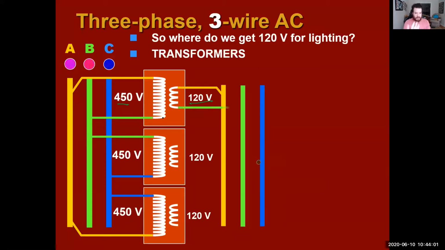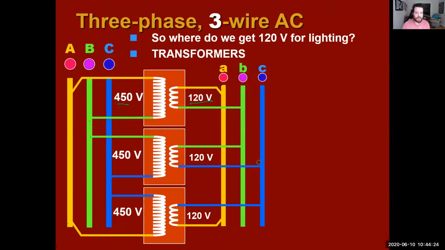All right, and what you could see here is we would use A and B for one lighting circuit. We're going to use B and C for another lighting circuit. And we'll use A and C for our third lighting circuit. All right, all coming from 450 volt, we'll step it down to 120 using our transformers.